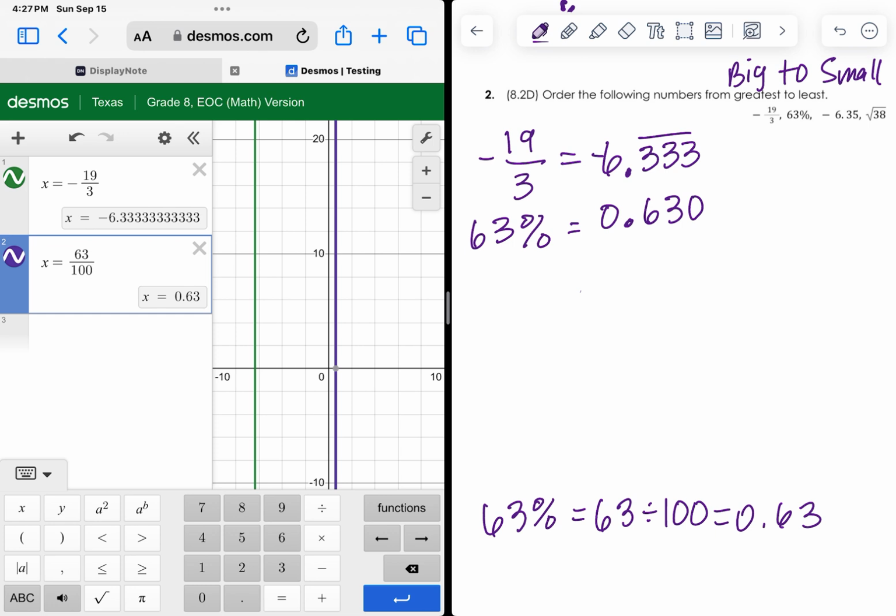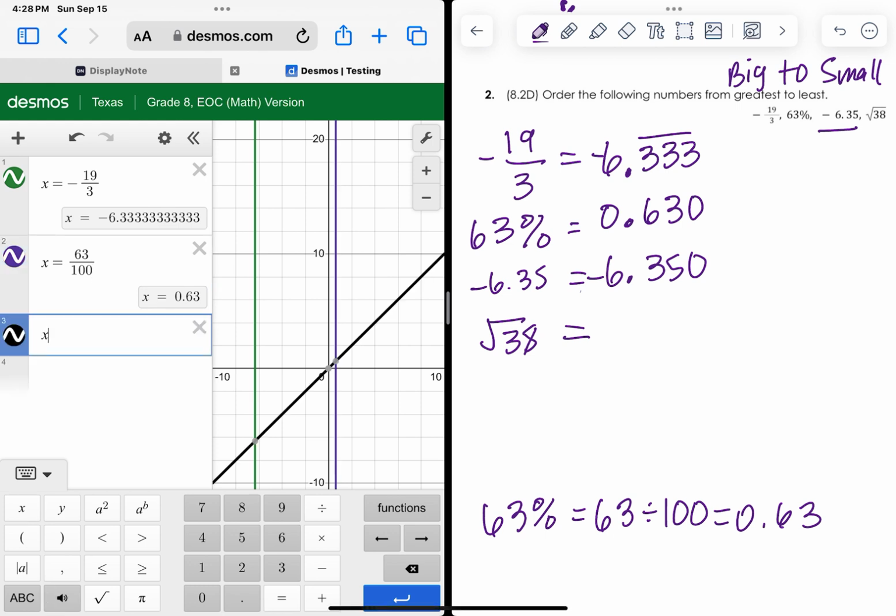The next number is negative 6.35. Well, that's already a decimal. Negative 6.35, and fill in that end with a placeholder. And lastly, square root of 38. I'm going to type in x equals negative 6.35 on the next line because I didn't type that yet.